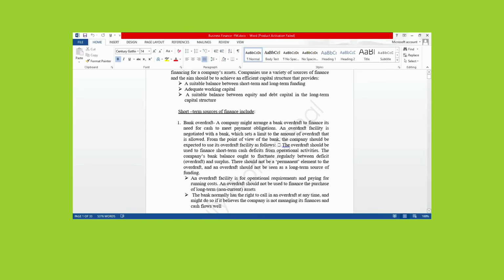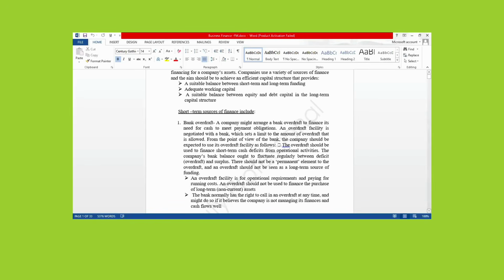One, the overdraft facility should be used to finance short-term cash deficits. You are supposed to use it to finance your short-term cash deficit from operational activities. Please note that point.